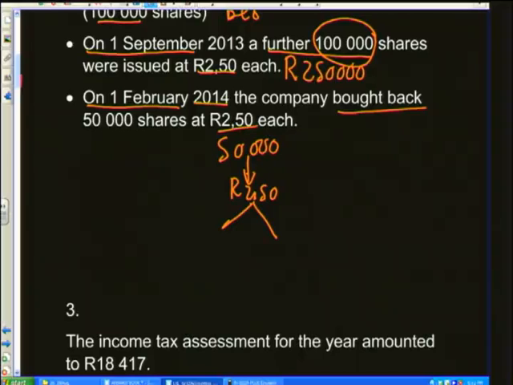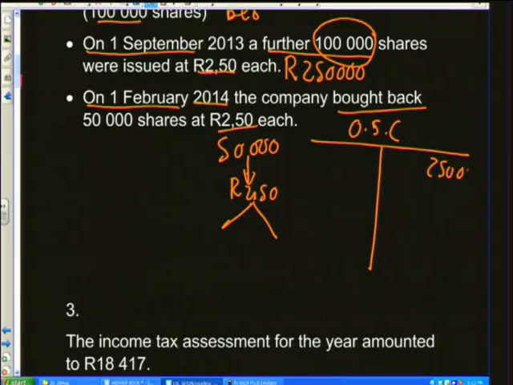So let's quickly construct a T account for ordinary share capital. So my opening balance was 250,000. We then issued a further 100,000 shares at 2 Rand 50 each to get a further 250,000.